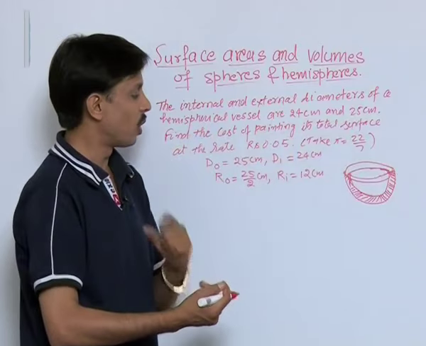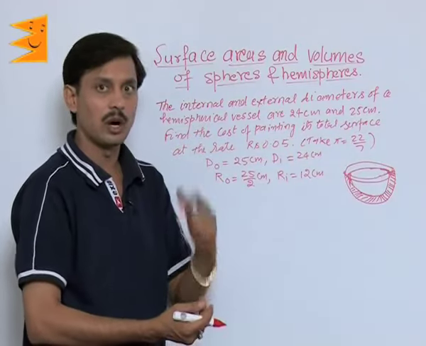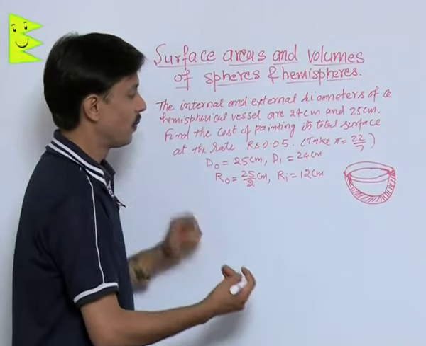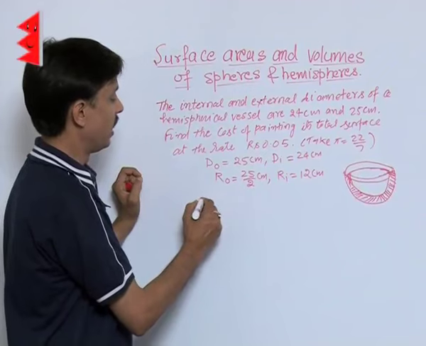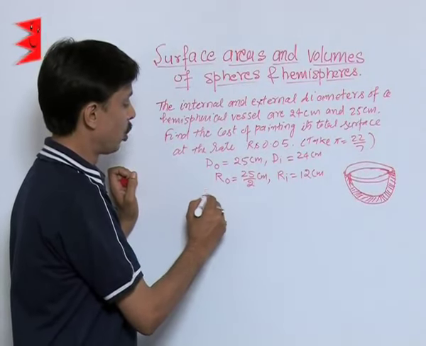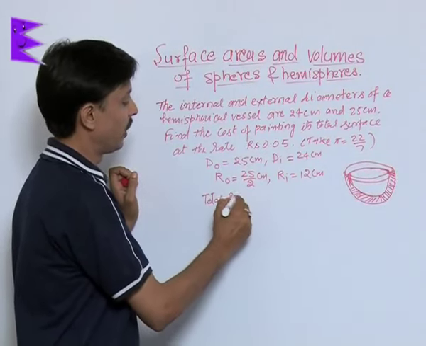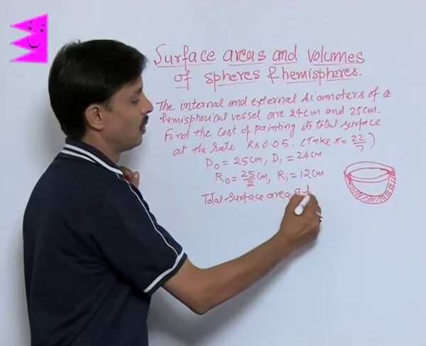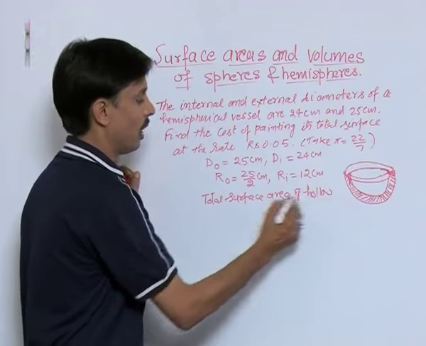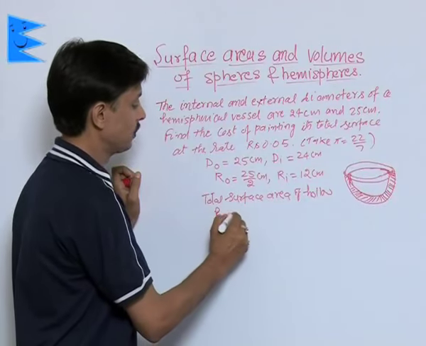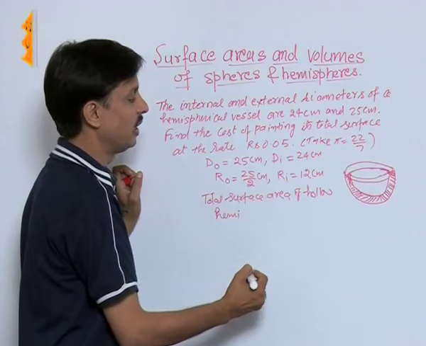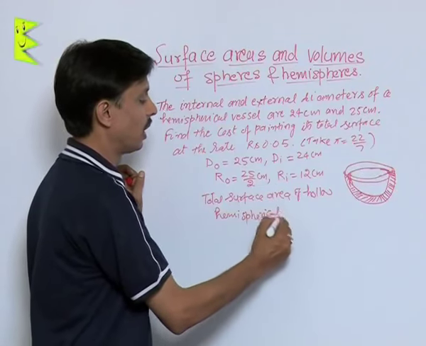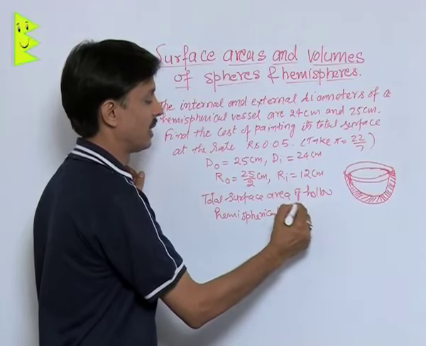As and when we talk about the total surface of any hollow hemispherical object, the formula, if I tell you, this is the total surface area of a hollow hemispherical object or vessel.